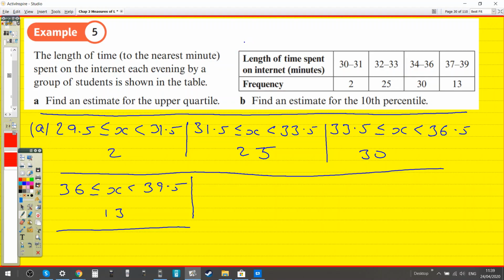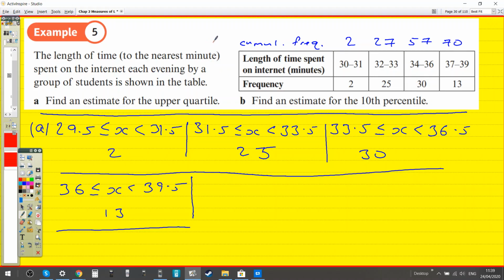And the way I would do it is do it as cumulative frequency. That'll be helpful for later. So 27, 57, 72. That's it.